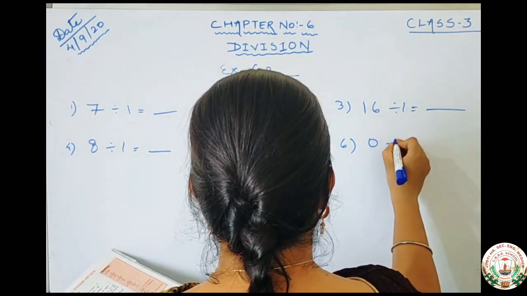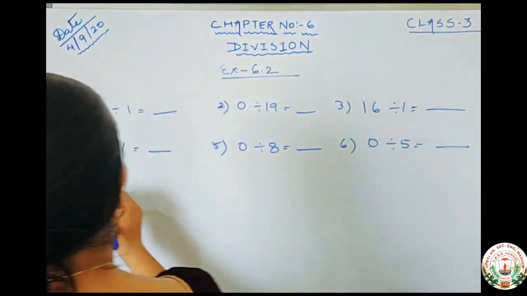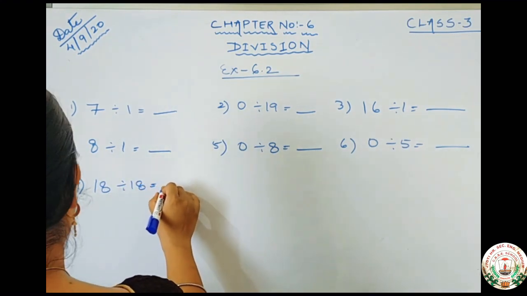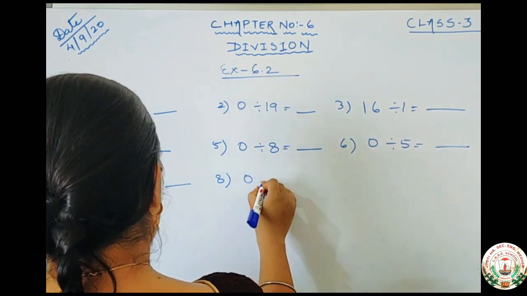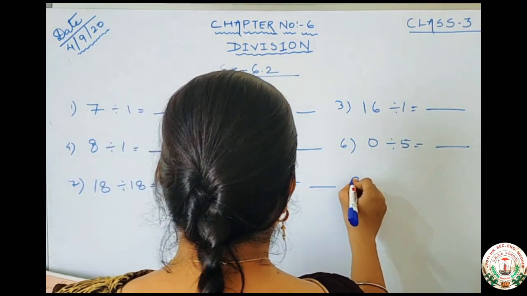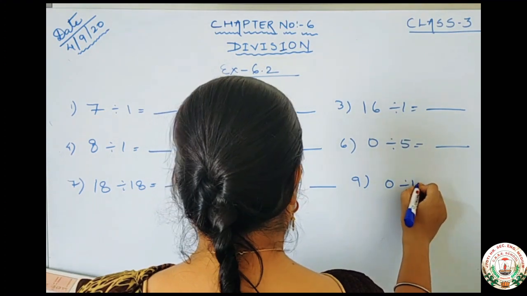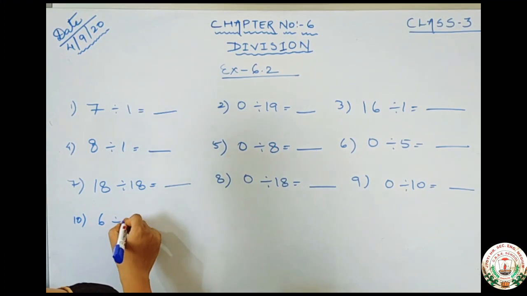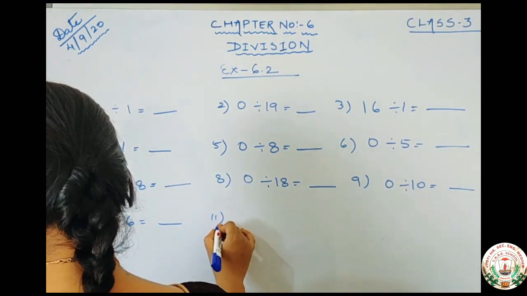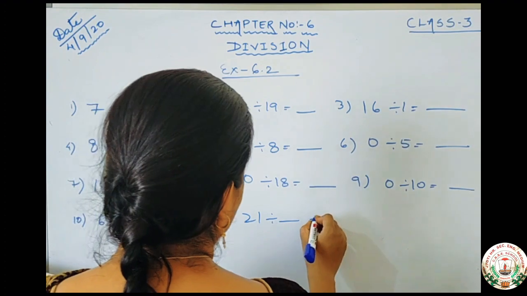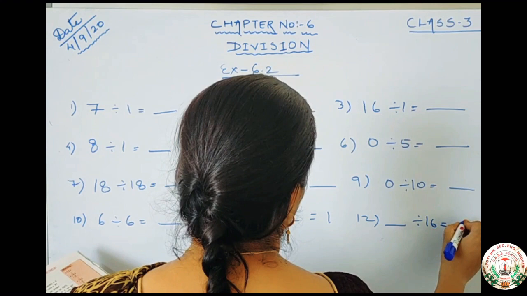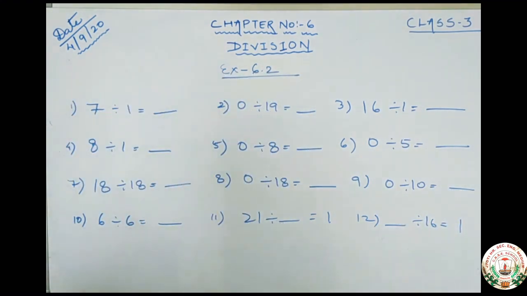Number 6, 0 divided by 5 is equal to dash. Then 0 divided by 18 is equal to dash. 0 divided by 10 is equal to dash. Number 10 is 6 divided by 6 is equal to dash. Number 11, 21 divided by dash is equal to 1. Number 12 is dash divided by 16 is equal to 1. So this is your exercise number 6.2. Fill in the boxes.